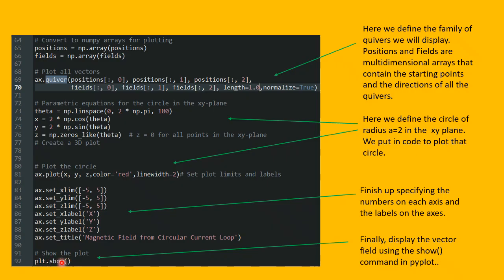And so this is actually the one that's going to be doing the drawing on the screen of our three-dimensional X, Y, and Z axes, plus all the quivers that we generated up here. So after all of this is executed, we will have our three-dimensional rendition of the vector field, and it is interactive. Once you have that output in a figure, we can rotate it around to look at it from various angles.